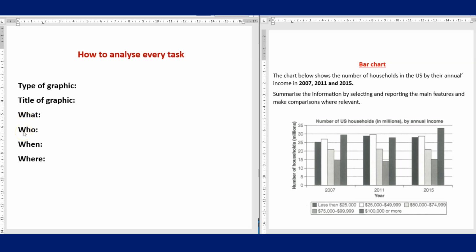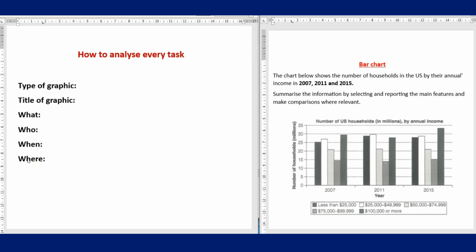Who are those involved? What are the players in this particular graph, and at what time did this information take place?